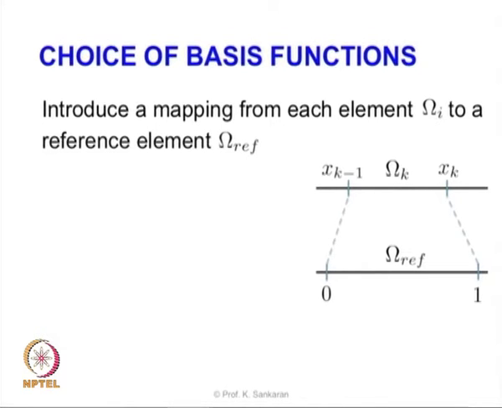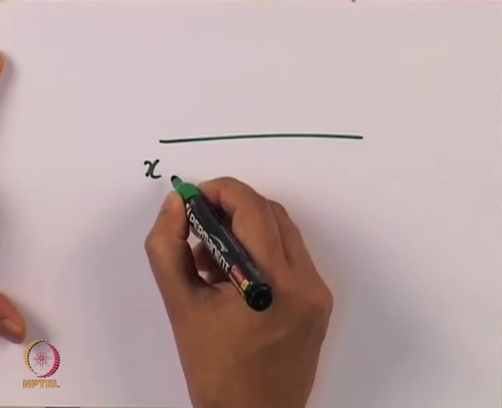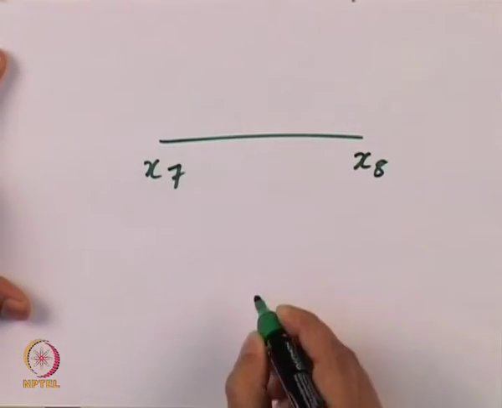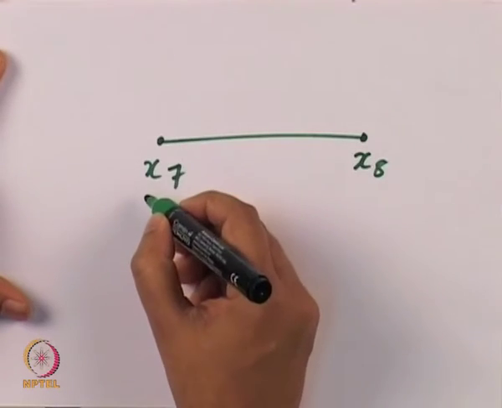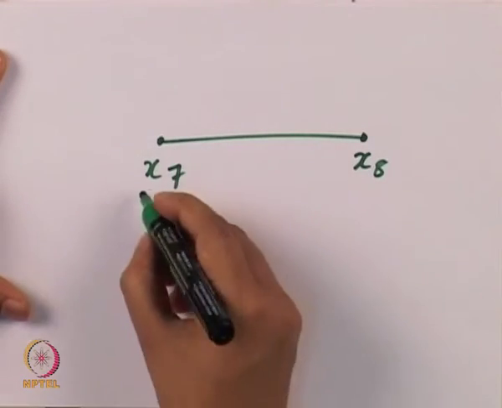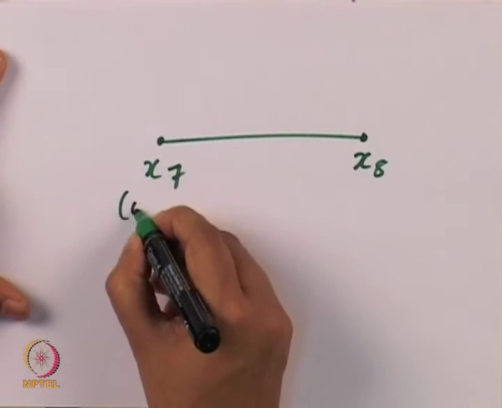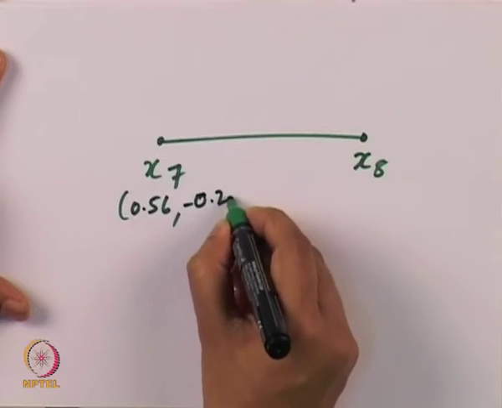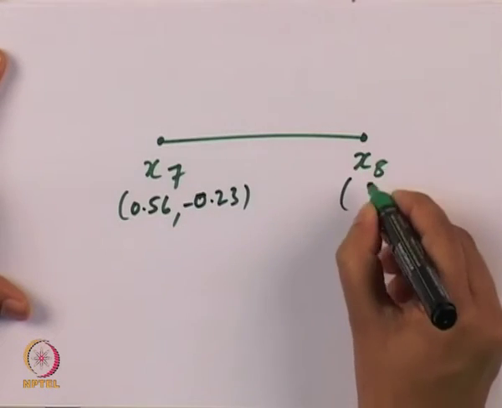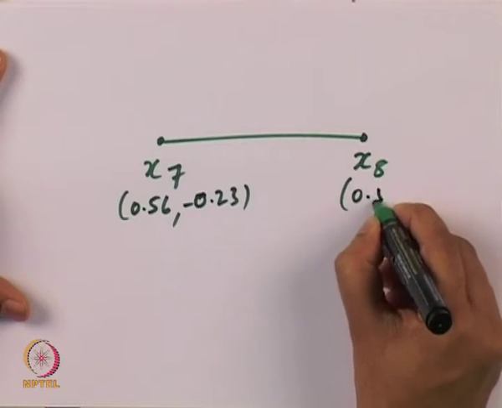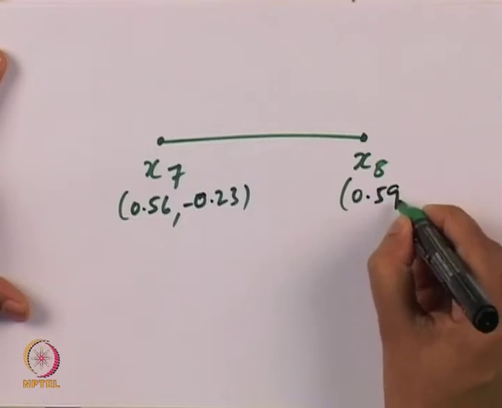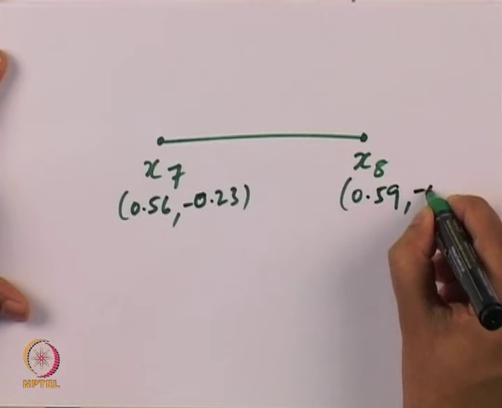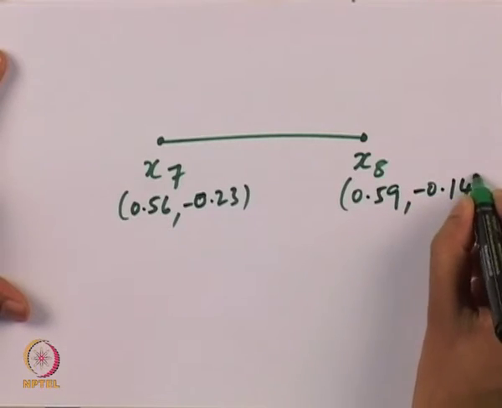So let's see this a little bit more in the slide here. So what we have got is some arbitrary number, let's say x7 and then x8, and let's say the coordinates of x7 and x8 are some arbitrary numbers, 0.56 comma minus 0.23, and then let's say x8 is 0.59 comma minus 0.14.